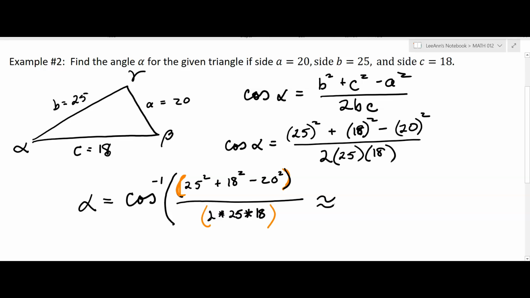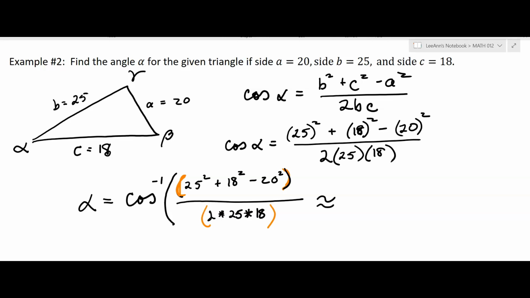Okay, so turn on my calculator, clear it out. I'm going inverse cosine, and then I'm opening a parenthesis. I'm opening another parenthesis for the numerator: 25, I'm using my square button, plus 18 squared minus 20 squared.